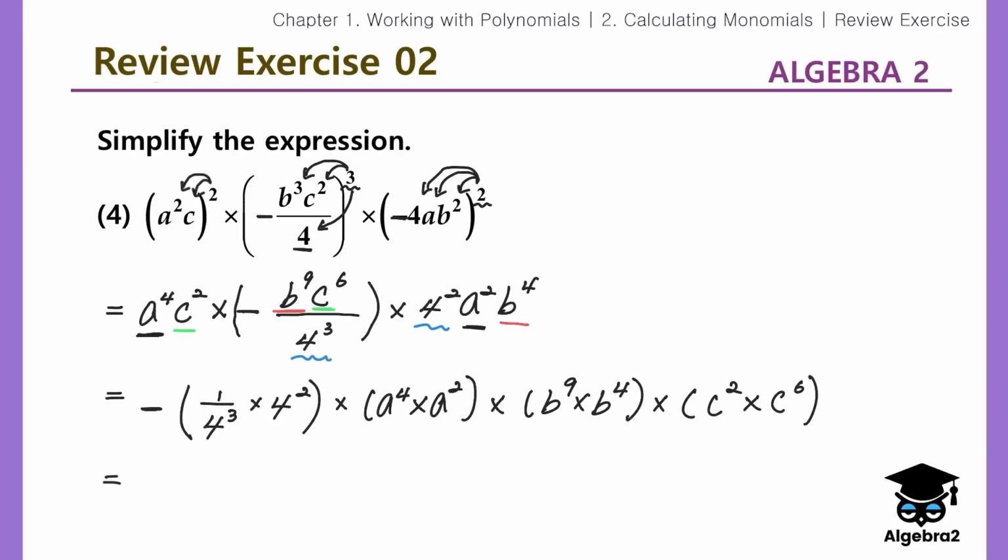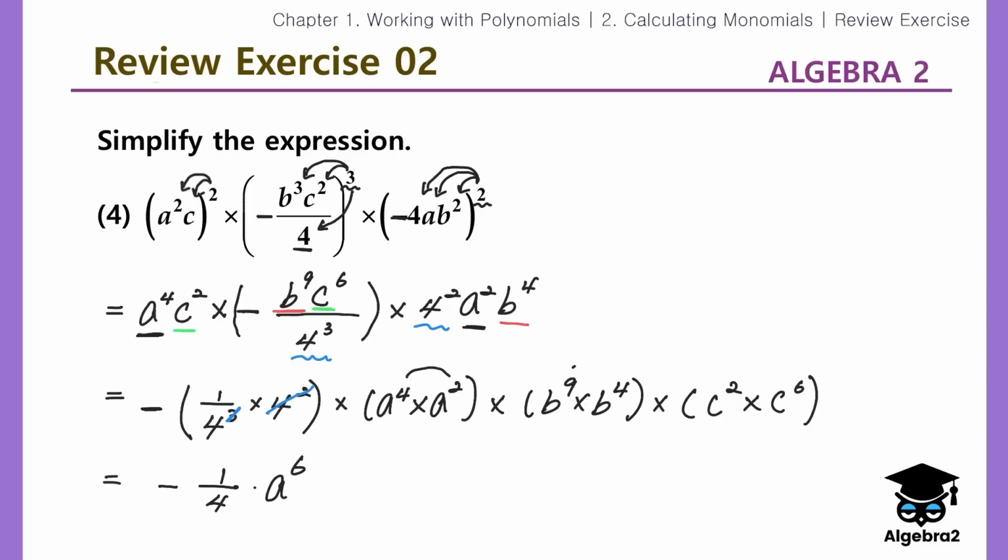So that's going to be, 4 square we have here, 4 cube here. So one of the 4 in denominator will be left, right? So that's going to be negative 1 over 4. And we have a 4 times a squared. That's going to be a to the 6.